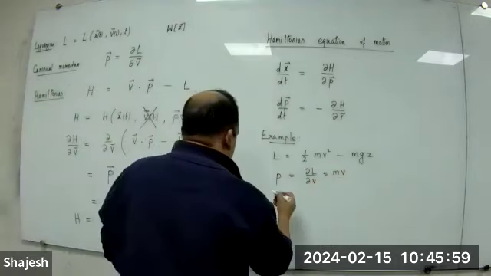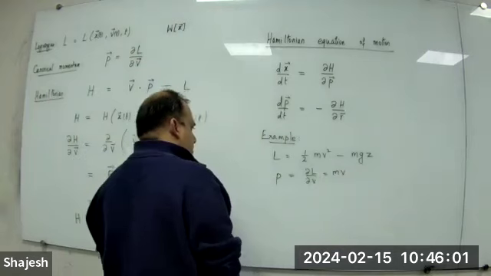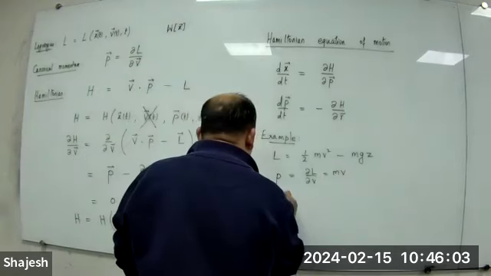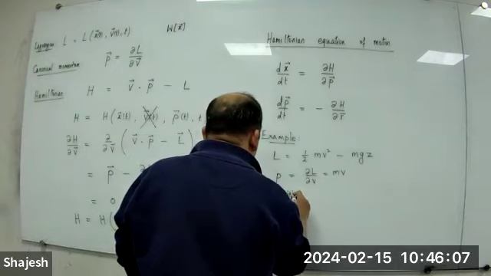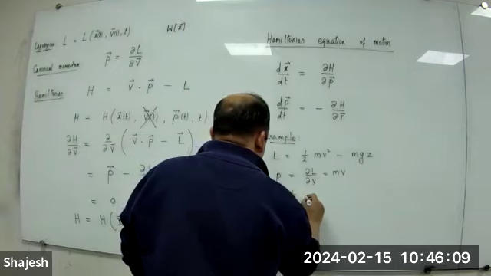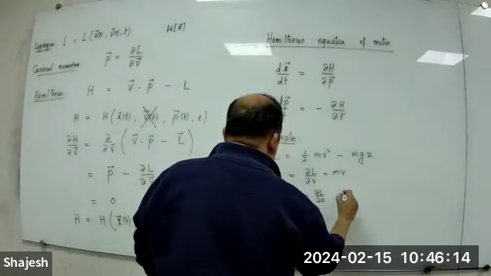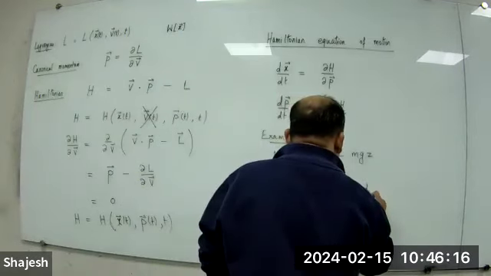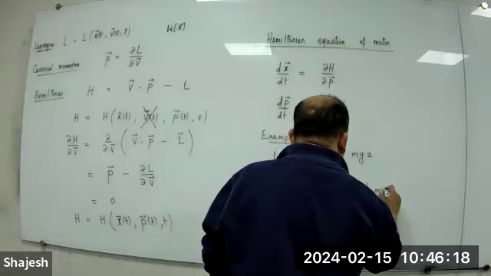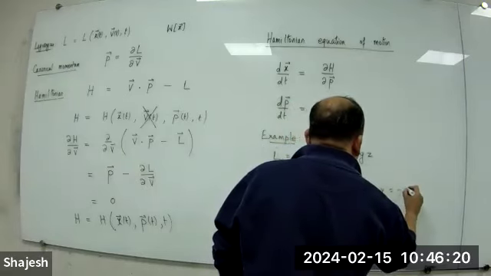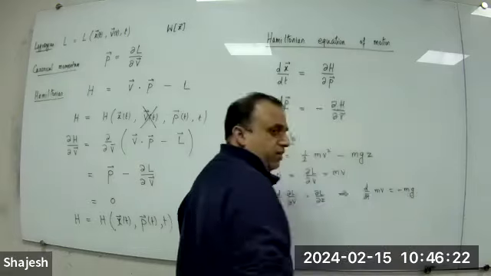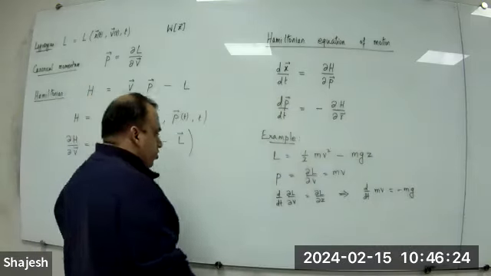Then I can get the Euler-Lagrange equation: d by dt of dL by dv is equal to dL by dz. This implies that d by dt of mv is equal to minus mg. That's Newton's law.